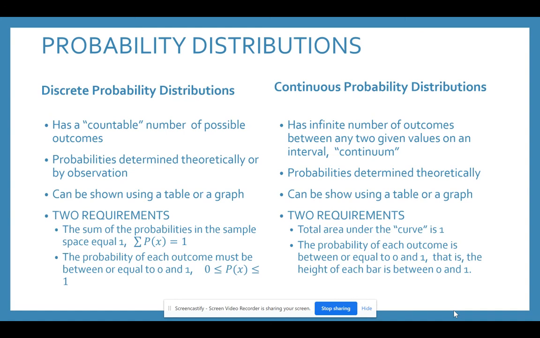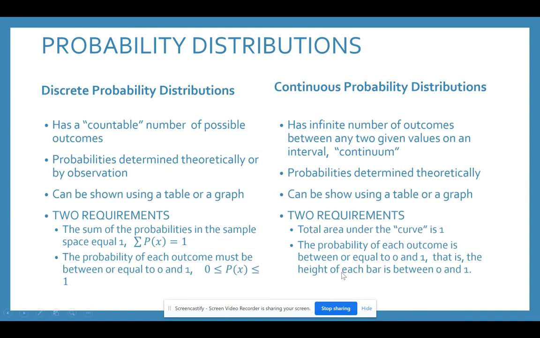So instead of saying the sum of the probabilities is equal to 1, we talk about the total area under the curve being 1. And the second condition still holds: the probability of each outcome is between 0 and 1. Visually, that would mean that the height of the bars on your graph are between 0 and 1.